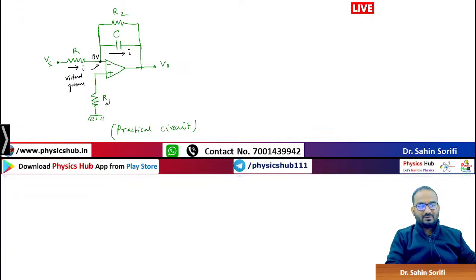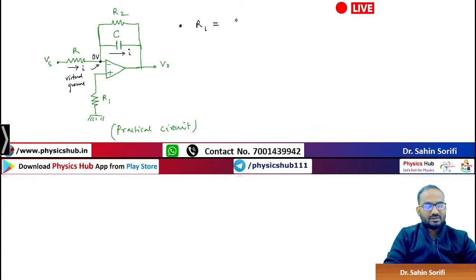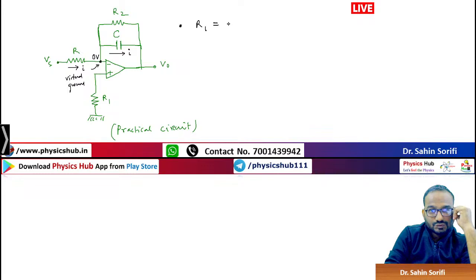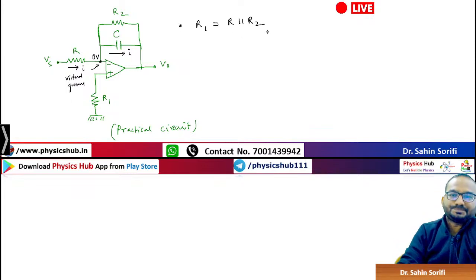Now why is this R1 added? The value of R1 is chosen in such a way that it is equivalent to R parallel R2.